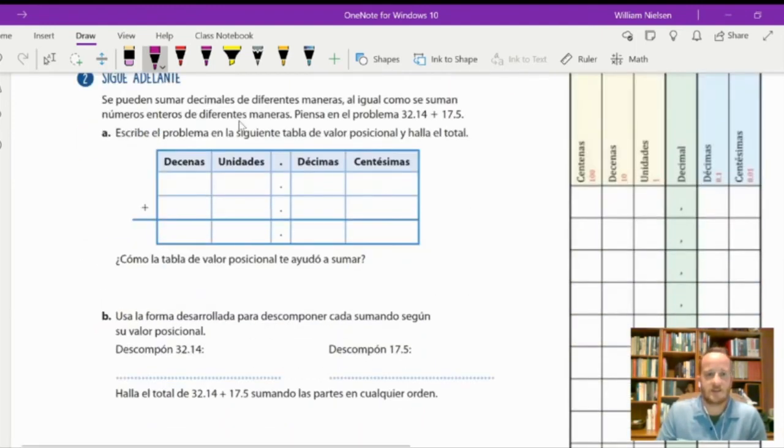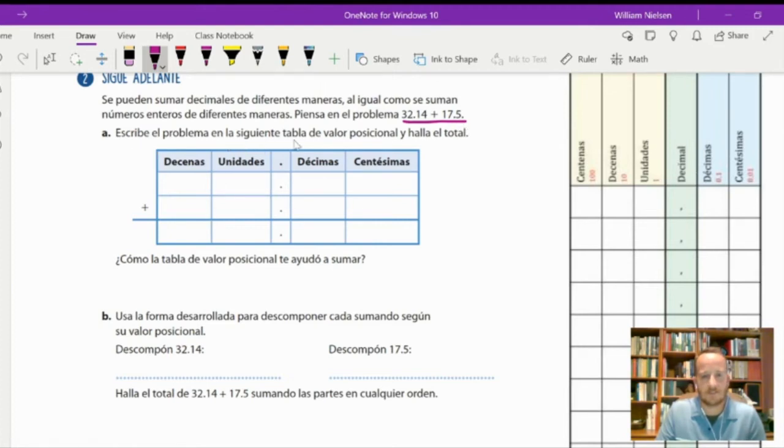Se puede sumar decimales de diferentes maneras, al igual como se suman números enteros de diferentes maneras. Piensa en el problema. Aquí está. 32 y 14 centésimos y 17 y 5 décimos. ¿Ok? Es un poquito diferente, ¿no? ¿Ok?